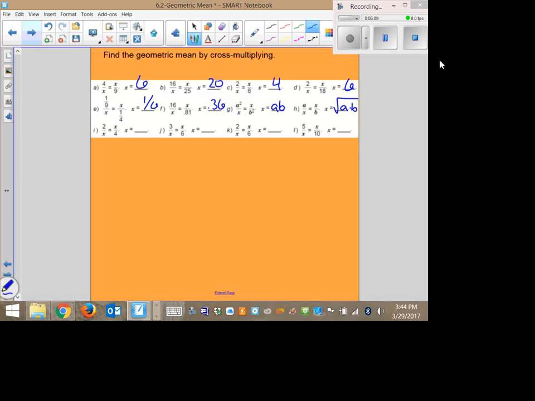All right, for the bottom one here now, we get x squared equals 2 times 4, which gives us 8. So taking the square root of both sides, we get x equals the square root of 8. But we want to simplify this. So just a quick note on simplifying square roots. You can write this as the square root of 4 times 2, so the square root of 4 times the square root of 2.